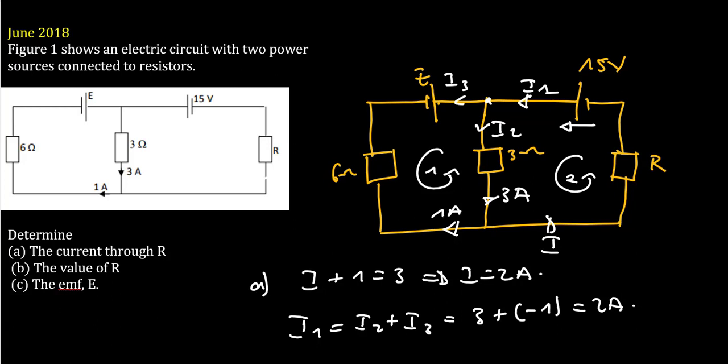And so since the current flows downwards in the 3 ohm resistor, then the voltage across the 3 ohm resistor will definitely be upwards. So we are going to have this direction as V3 ohms. And as current I passes through R and goes upwards, it means we are going to have our voltage drop downwards. That's VR.